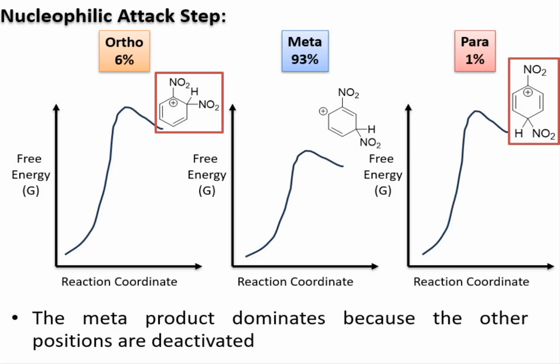Whereas the meta substitution, which didn't have any particularly good or bad resonance forms of the sigma complex, has this intermediate level of activation energy and this intermediate level of energy for our sigma complex. So almost none of it goes para, and a almost negligible amount going ortho, 93% going meta.